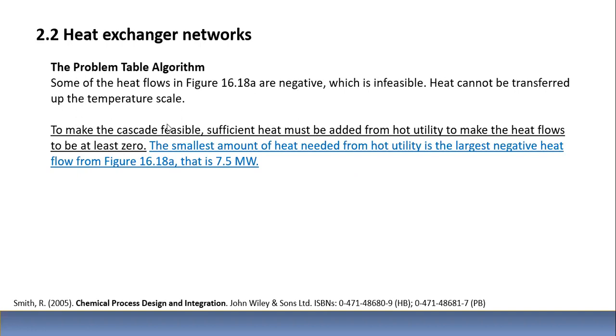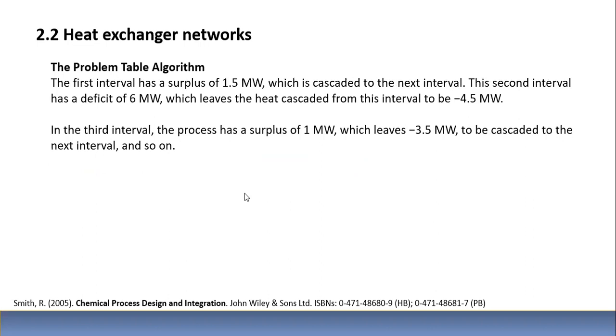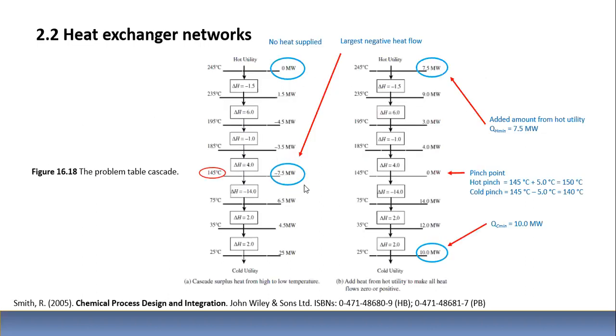To make the cascade feasible, sufficient heat must be added from the hot utility to make the heat flow to be at least zero. The smallest amount of heat needed from the hot utility is the largest negative heat flow from figure 16.18A, that is 7.5 megawatts. So the largest negative heat flow should be placed in here as QH minimum, just like we see right there.